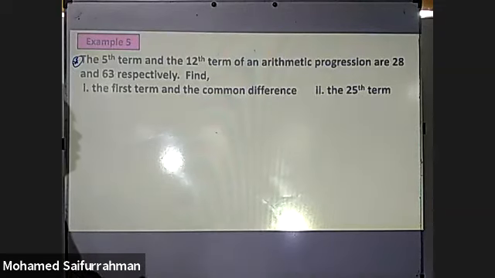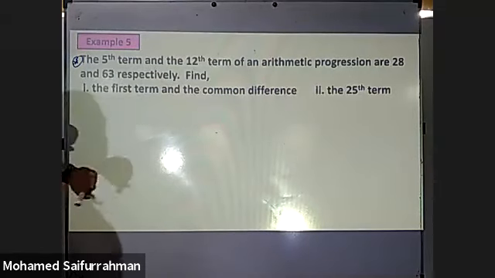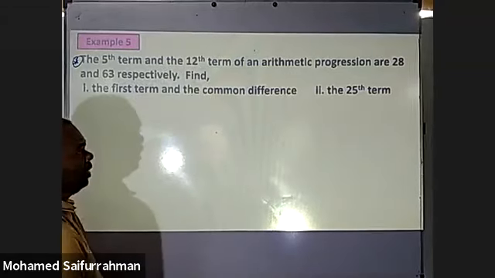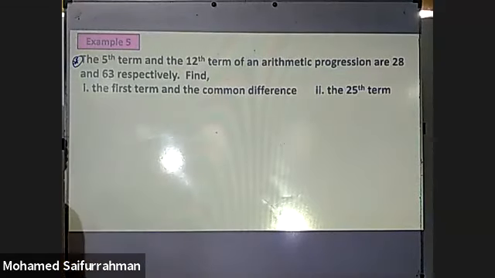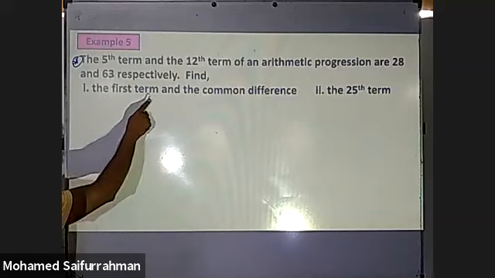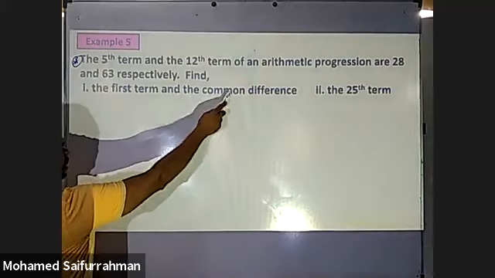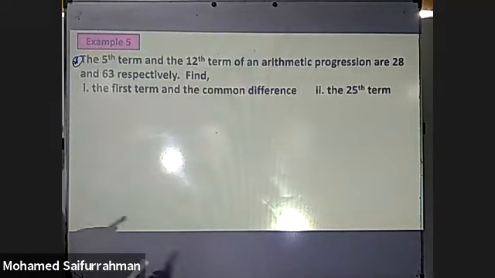Let's see how to solve this kind of problem using the equation Tn = a + (n - 1)d. The fifth term and the 12th term of an arithmetic progression are 28 and 63 respectively. Find the first term, that is a, and the common difference d, and the 25th term.